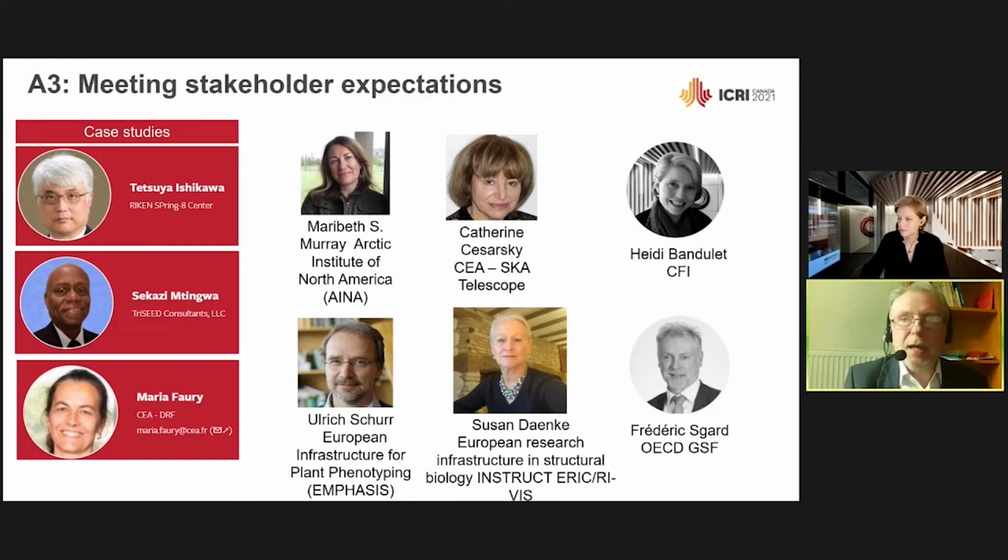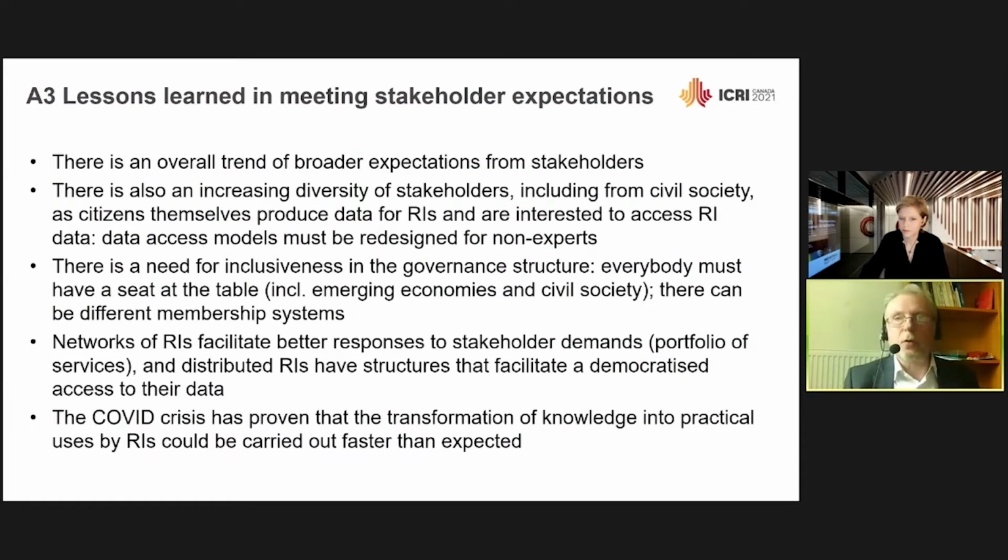Next slide, please. And the first element that emerged from the discussion is that there is an overall trend of more expectations from stakeholders. Stakeholders expect more than just producing knowledge. It has been reinforced by the COVID crisis, and research infrastructure are really seen as catalysts for scientific response.